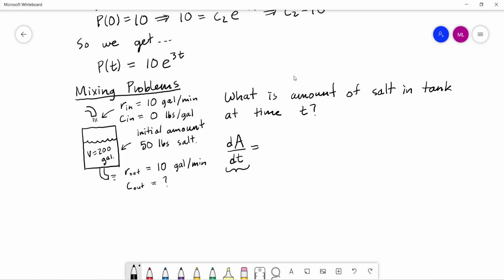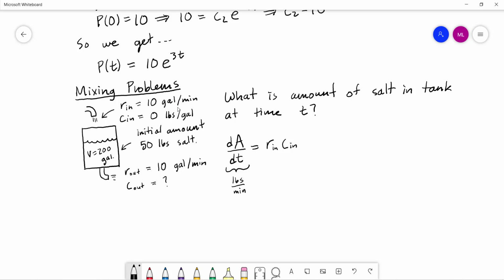Let's keep in mind the units here. So what are the units of dA/dt? A is the amount of salt. We're measuring that in pounds. And then t is going to be measured in minutes according to this. So this is pounds per minute. And that tells me everything on this side needs to have those same units. If I multiply the rate in times the concentration that is coming in, I have gallons per minute times pounds per gallon.